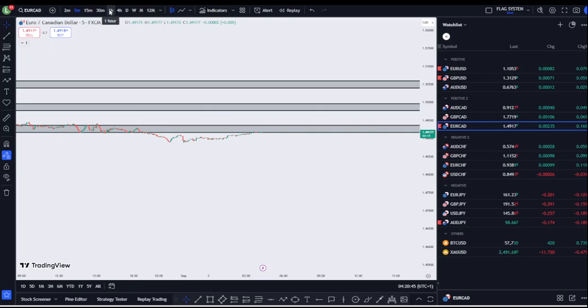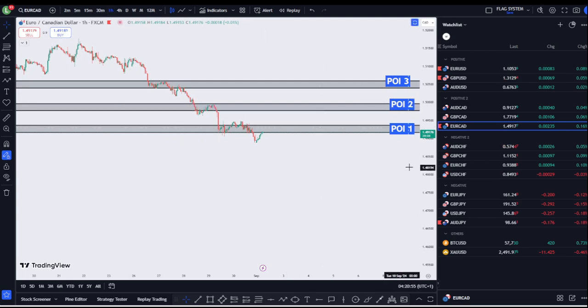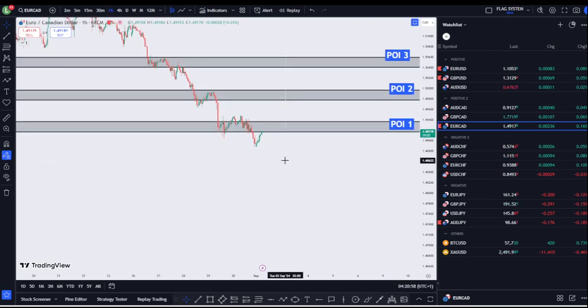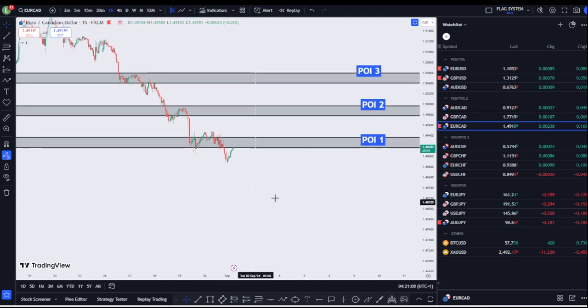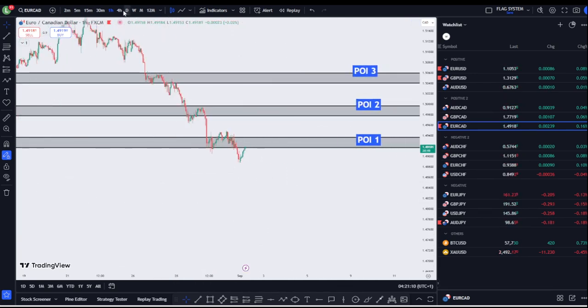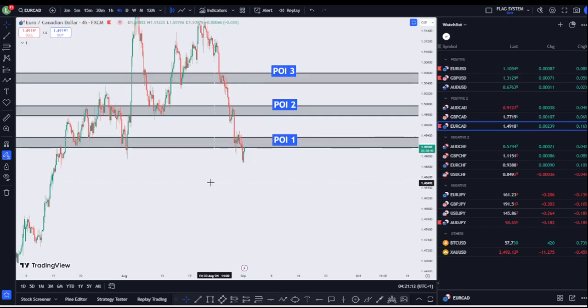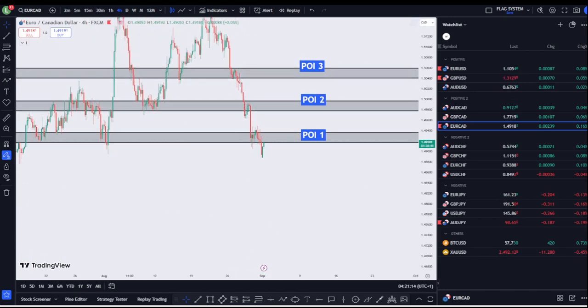But it depends on the price action reaction at our point of interest. So if price action on the 4 hour time frame is not compatible with our expectation, then we can scale down to the lower time frame, 1 hour, 30 minutes, 15 minutes, to look for another entry, right?